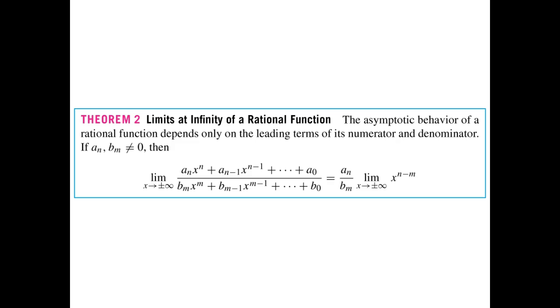However, if m is greater than n, now remember they're both integers, then this is a x to the negative p, or whatever you want to call it. It's going to be a negative power, and the limit for that, we saw from the last one, is going to 0.